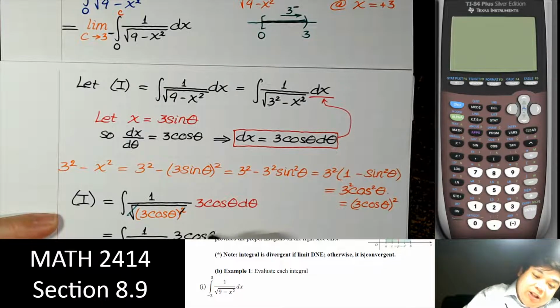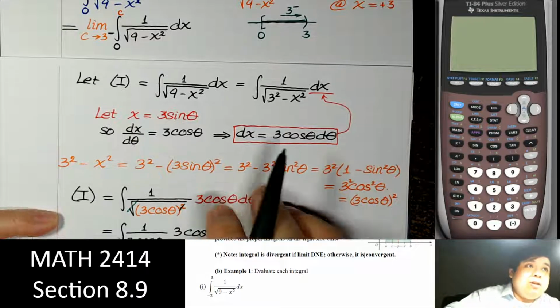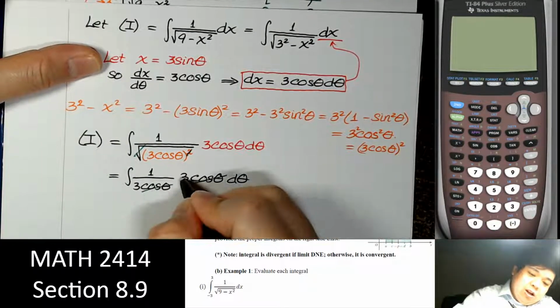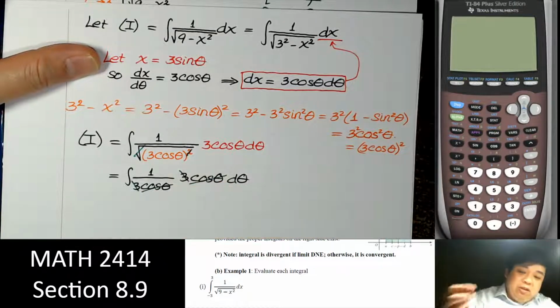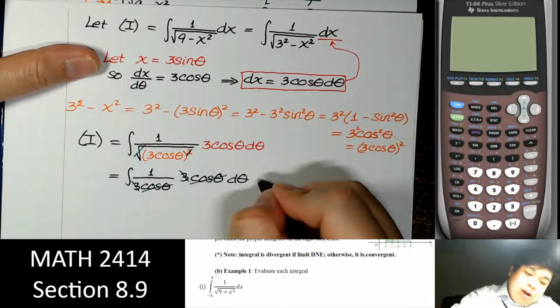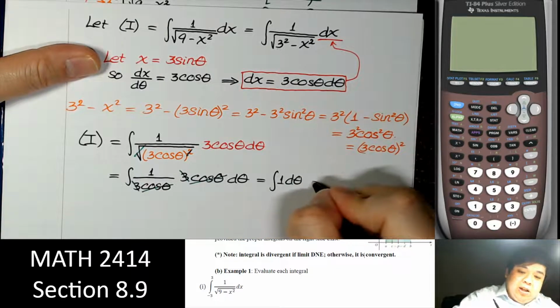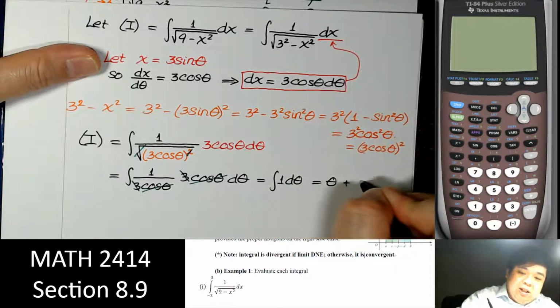Well, that's convenient. The cosine cancels the cosine, the 3 cancels the 3. So everything cancels out, and we are left with pretty much 1. The integral will be theta plus c.